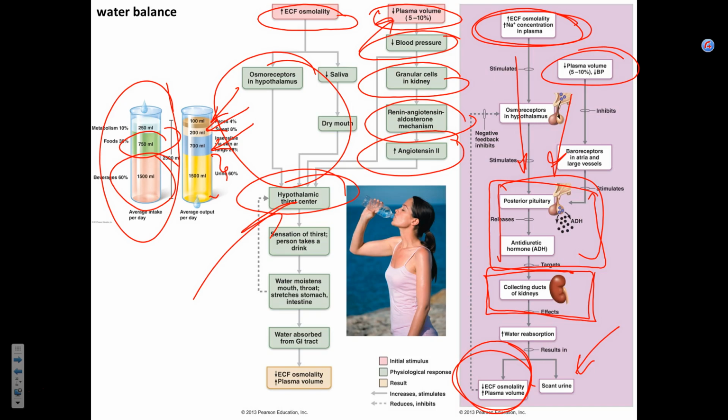Clear? Good? Any questions about this? So these are the mechanisms of water balance regulation that you need to know: by ADH, via the hypothalamic thirst center, and via the renin, angiotensin, aldosterone system. Good?